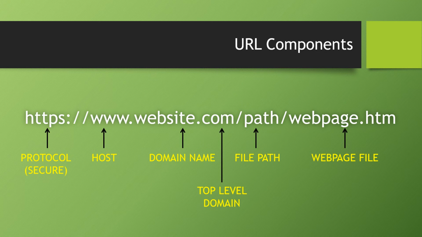In this case, webpage.html. Now that's an HTML document. There are many types of page or document types that websites can be made up of. This is a very common one, but you'll see quite a few things after that as well. But these are the basic URL components.